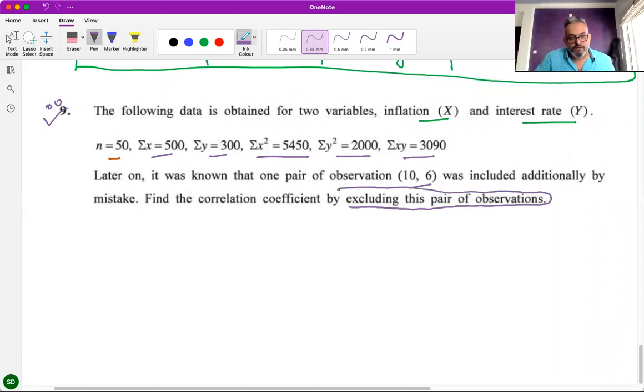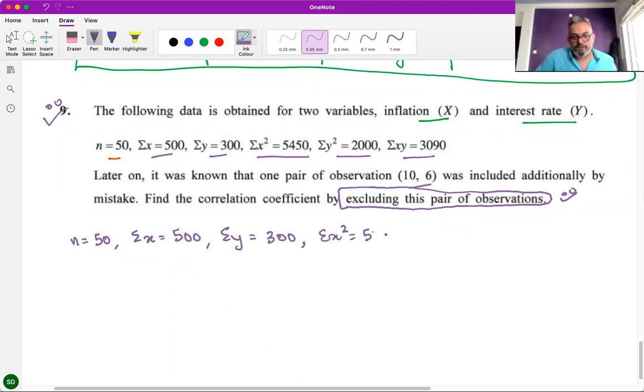Now, this is the most important part. If you have not read this properly, you will make a mistake in exam. So please pay attention to this sum. Now, N is equal to 50, sigma x is equal to 500, sigma y is equal to 300, sigma x square is equal to 5450, sigma y square is equal to 2000, and sigma xy is equal to 3090.